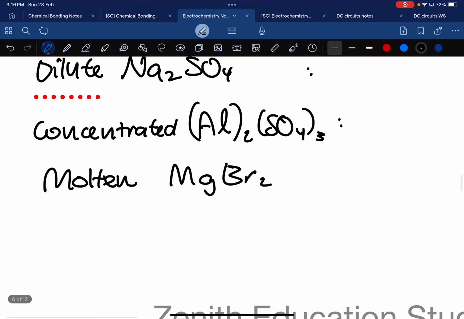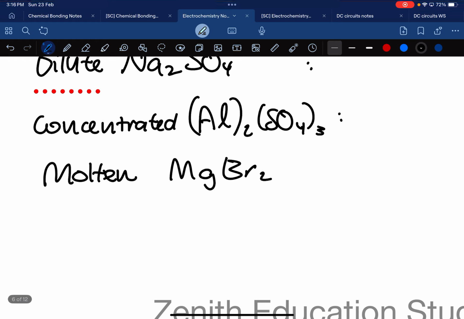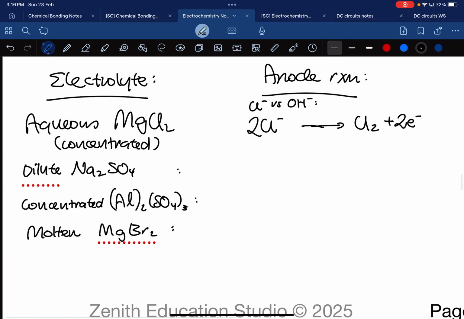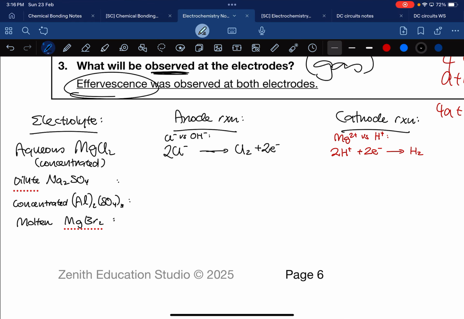Later on y'all can go ahead and do the anode cathode reaction. One more. Okay, never mind. Just these three. Give me the anode reaction, give me the cathode reaction based on your knowledge of who takes priority. Okay, try.